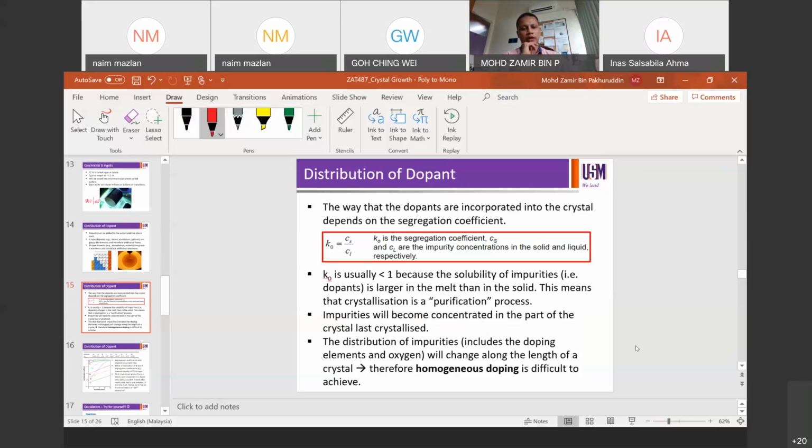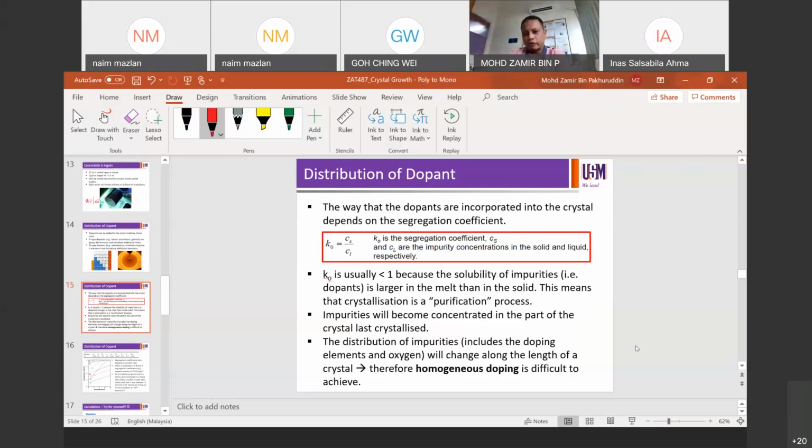The value of K naught is less than 1 because the solubility of impurities or dopants, in this case phosphorus or boron, is larger in the melt than in the solid. So you're going to end up with lesser dopants in the solid versus dopants in the melt.